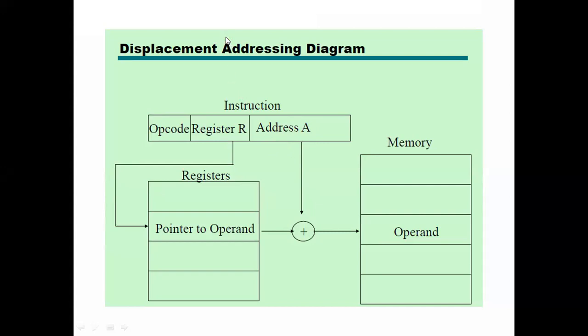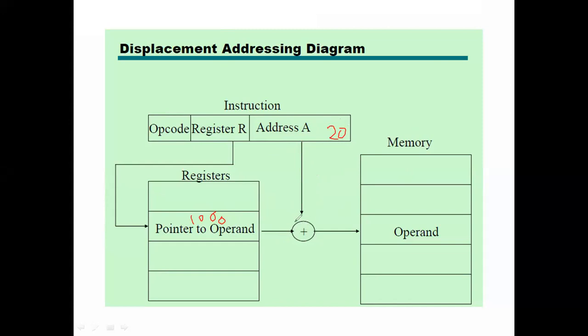Okay, that is suppose if you are taking this is the pointer to operand, that is the address location will be taking as 1000. Okay, ma. Here address A means this will be taking as 20. Okay, so 20 will be coming here, 1000 will be coming here.